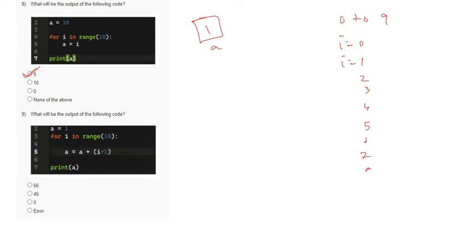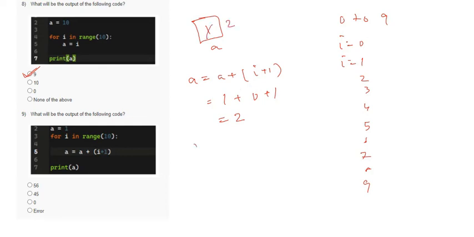Then the value of A equals A plus i plus 1. When i equals 0, the present value of A is 1, so 1 plus 0 plus 1 will be 2. So now the present value of A will be 2.